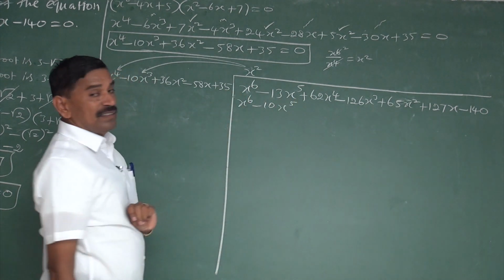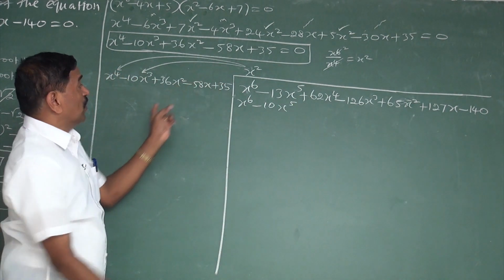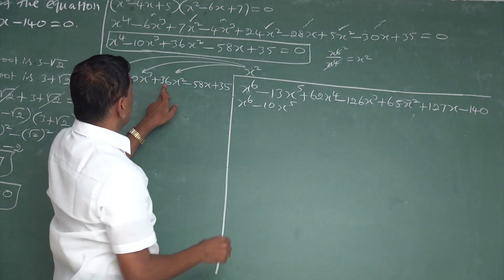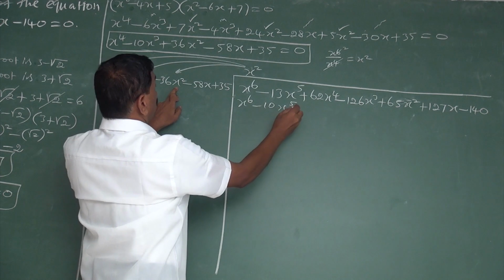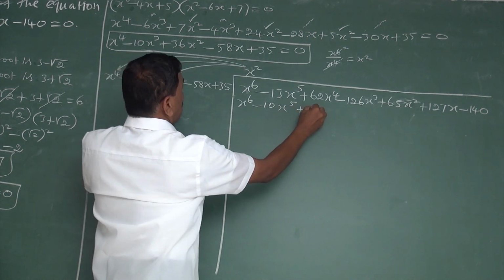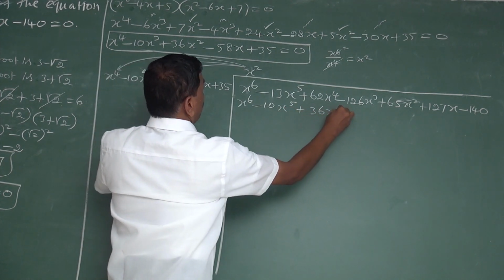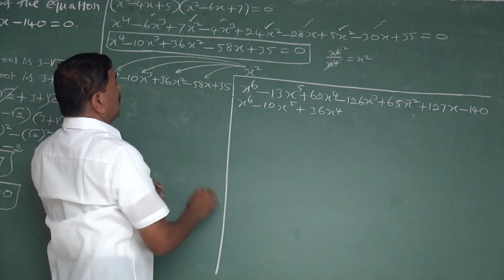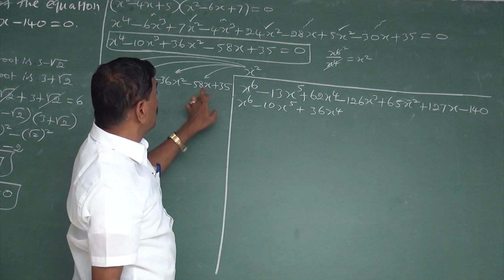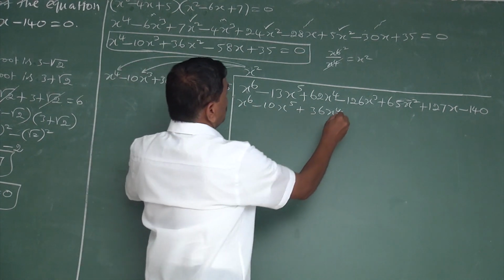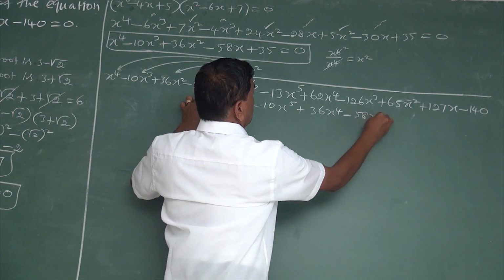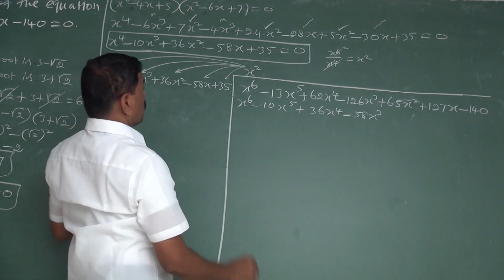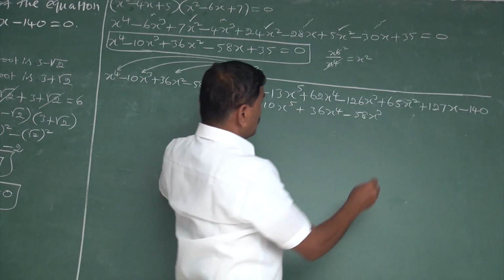Next multiplication, x square into 36x square is plus 36x power 4. Next, x square into minus 58x is minus 58x cube. Similarly, x square into 35 is 35x square.